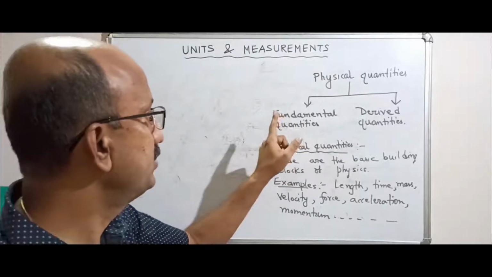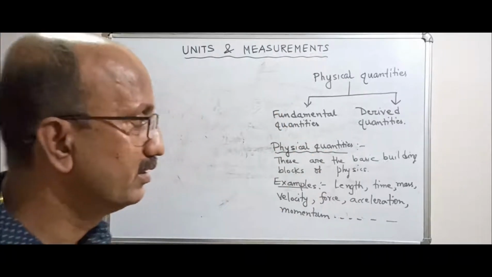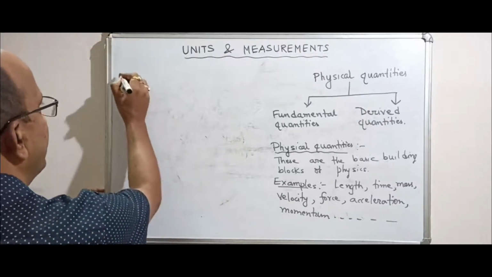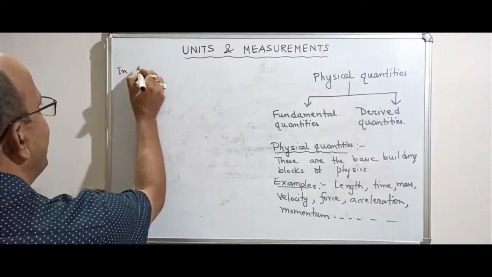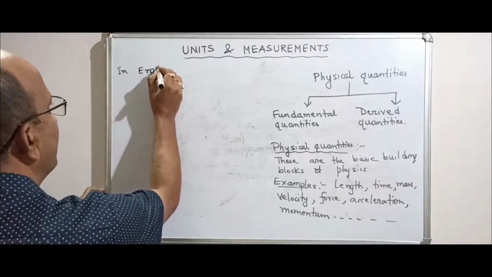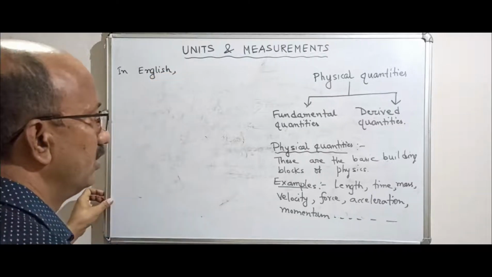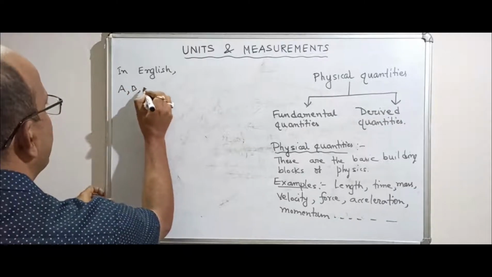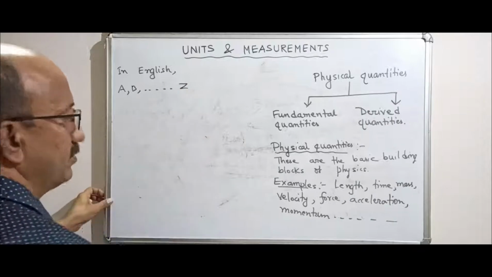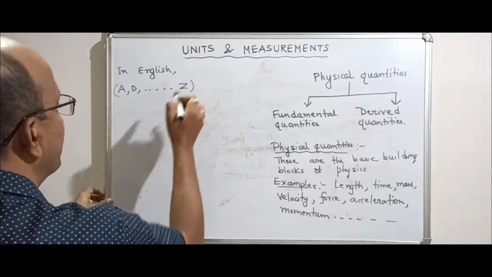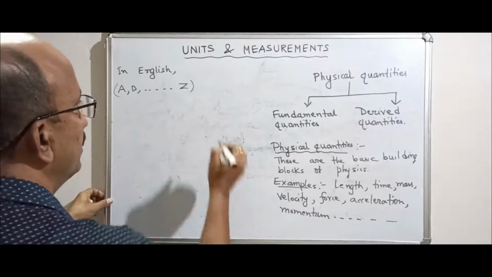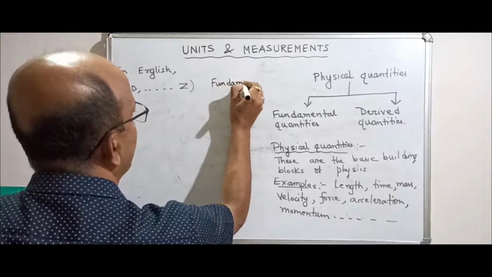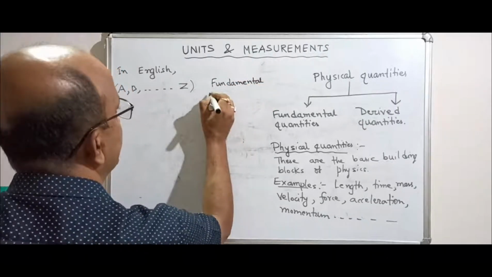Now to understand the difference between fundamental and derived quantities, let us take the example of English. See, in the English language, to study English, all the alphabets A, B, C, D up to Z, all these 26 alphabets, they are the fundamental quantities in English.